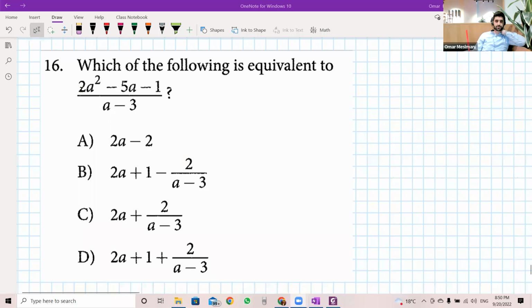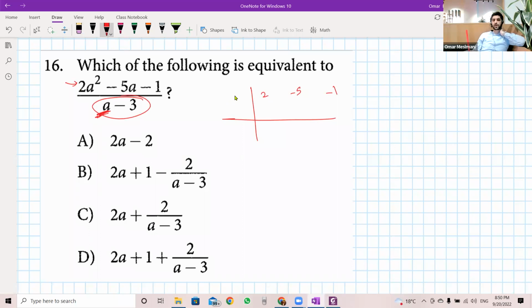Should I do it for you? Okay, first of all, if you want to use synthetic division, check: does this one have a coefficient of 1? Yes. So the expression is 2a squared minus 5a minus 1. Use synthetic division like this. Take the coefficients in standard form: 2, minus 5, minus 1.